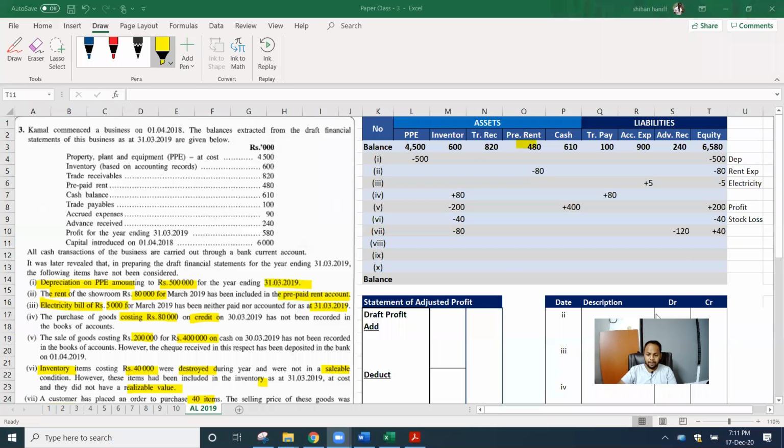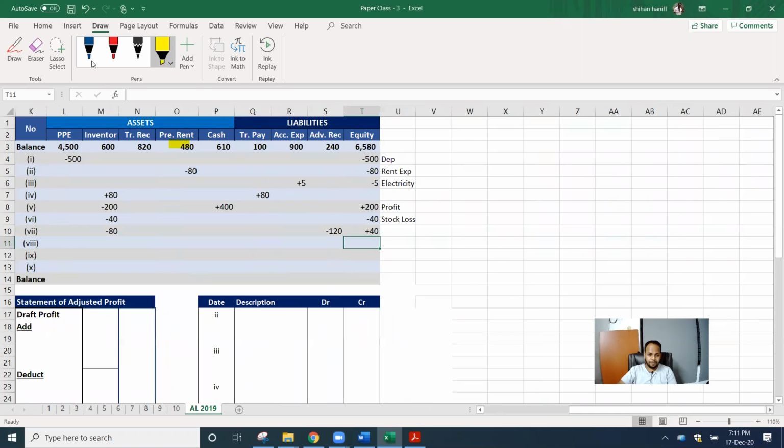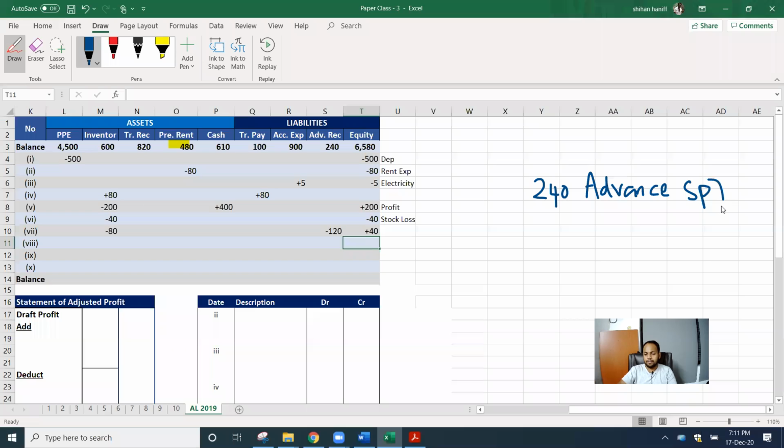Let me explain that again. There is an advance received of 240. This is for the selling price.